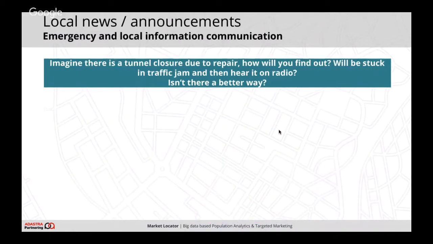Local news and announcements. When there is an accident somewhere, or you need to communicate with people in a certain area, again, you want an efficient way of, first of all, understanding maybe how many people are impacted, and of communicating with them.